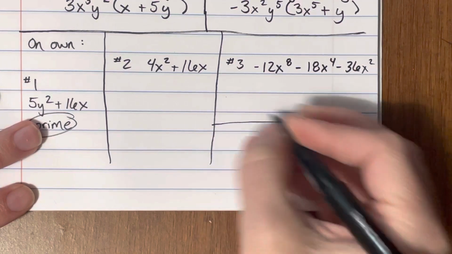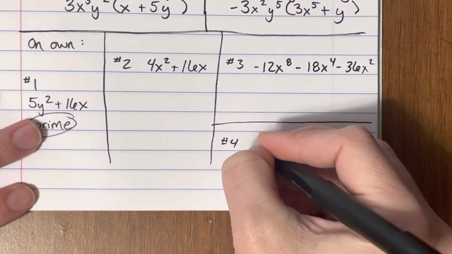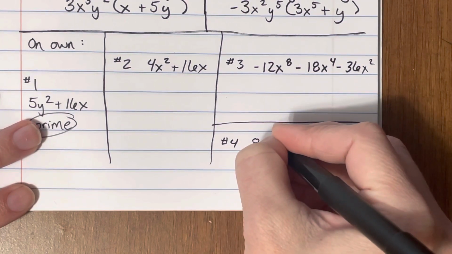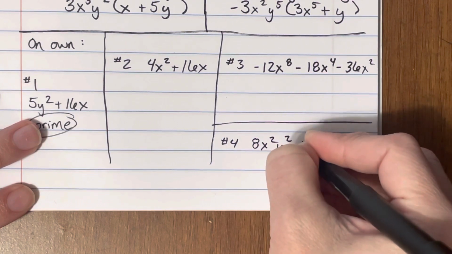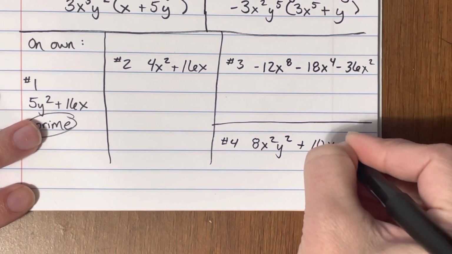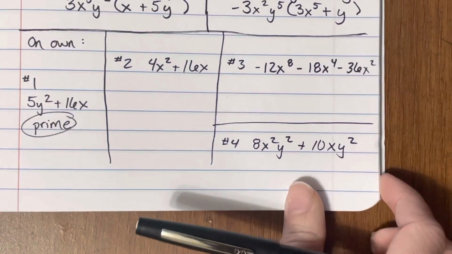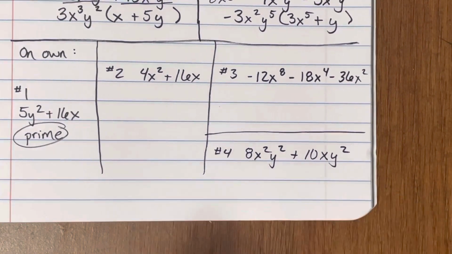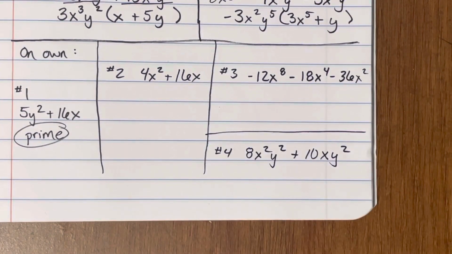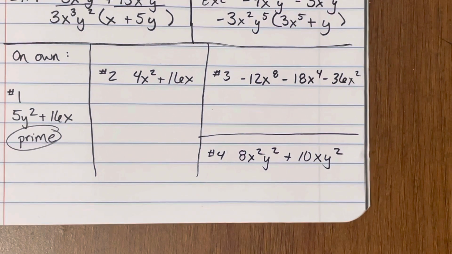And then we'll do one more. I'll put it down here. Number 4, 8x squared y squared plus 10xy squared. So go ahead and copy those down. You might take a second. There's 3 examples or 3 problems here that you're working. Maybe pause the video and give them a try.